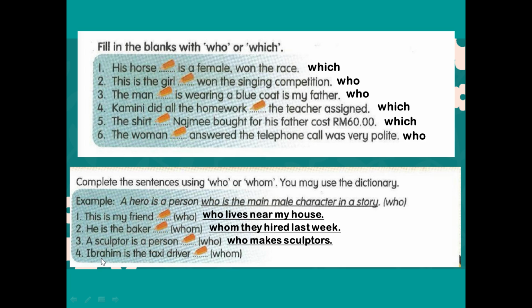Then the last one, Ibrahim is a taxi driver. Again, so we are using whom. So make sure after whom you put a pronoun. You can use any pronoun like Siti, Amina, she, Abu, my mother, anything pronouns. Yeah? Okay, so let's see the sentence. Ibrahim is a taxi driver whom my aunt rides to her work.